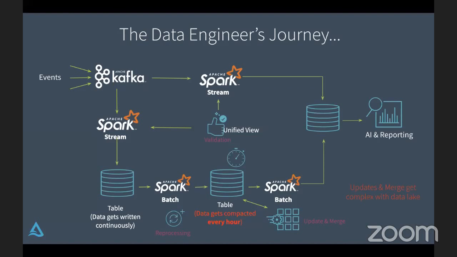But the quick context here is that if you look at this particular diagram, on the left side you see the events. It's going into Apache Kafka or some other streaming mechanism, whether it's Kinesis or Azure Event Hubs or Cosmos DB. Irrelevant of which approach, typically you have to build a Lambda architecture.